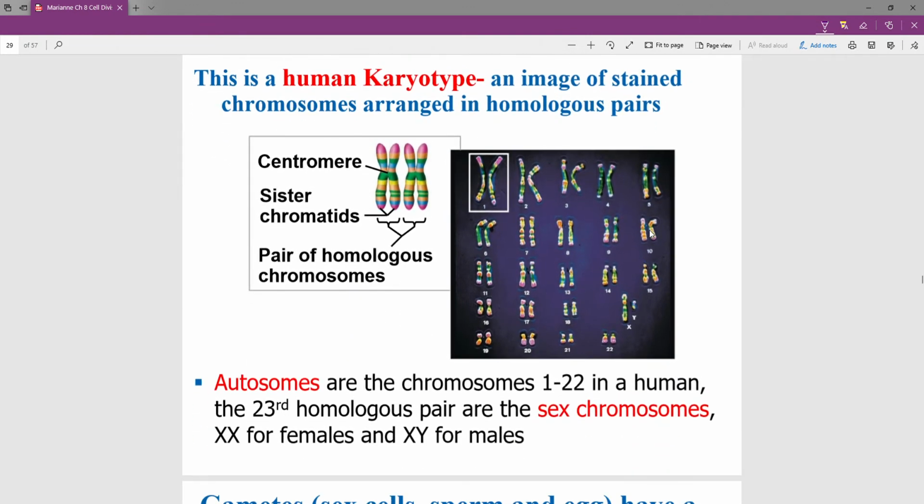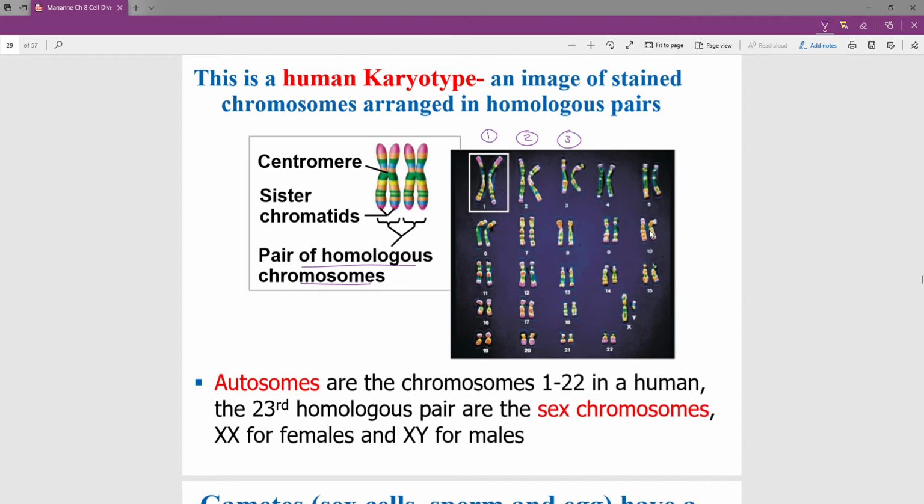If you were to take any somatic cell in your body, so any skin cell, like the cheek cells you looked at in the lab, and were to separate out all of the chromosomes and line them up in their homologous pairs, and then take a picture of them, you line them up from tallest to smallest, and you number them. So the biggest one gets to be 1, the next one gets to be 2, on down the line.